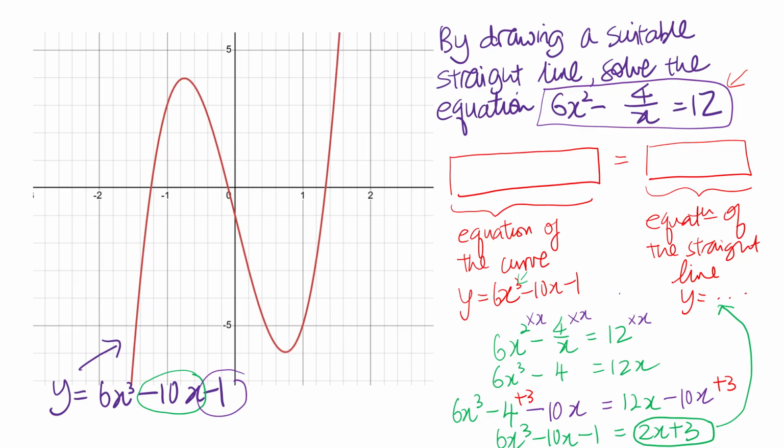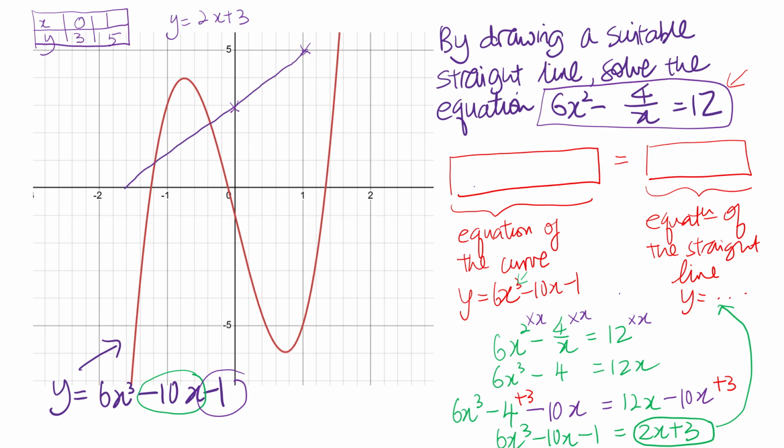Okay, so to draw the line y equals 2x plus 3, what is it that I need? Yes, I need a table of points. So I can just let x be 0, and then the y coordinate will be 3. I can let x be 1, my y coordinate will be 5. So with (0, 3) and (1, 5), you can draw your suitable straight line.